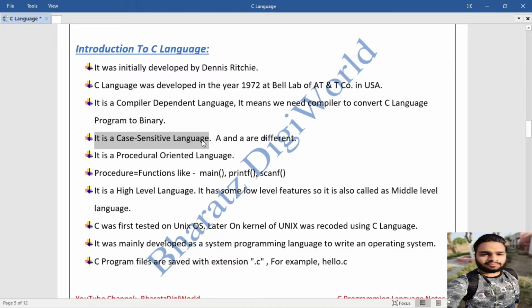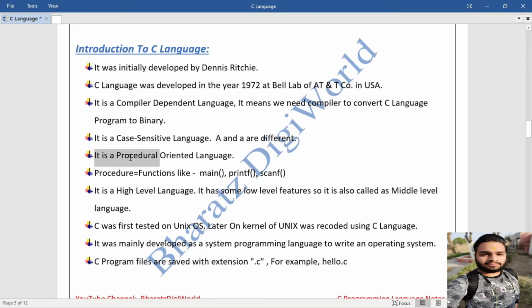Uppercase characters are characters from capital A to capital Z, and if we write small a to small z characters, they are considered as lowercase characters. So in C language, small case characters and capital case characters are different.